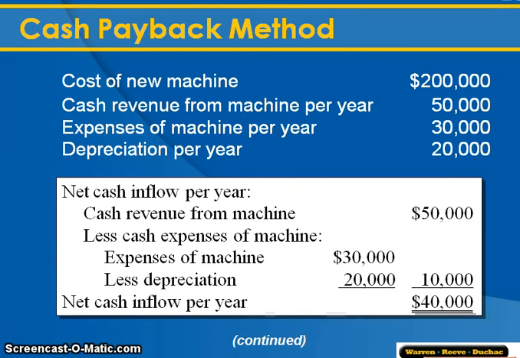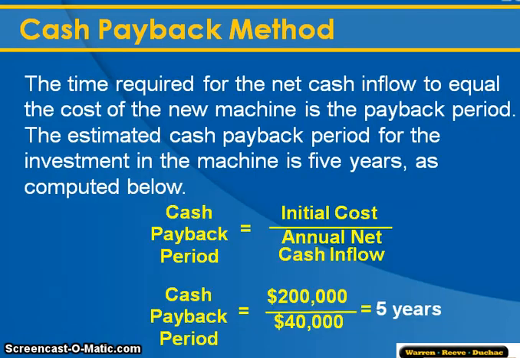So there is our denominator. So it's $200,000 for the machine over $40,000. It will take 5 years of this machine working for us before we pay back our initial cost. Think about that. The machine's going to make $40,000 a year for us. It's going to cost us $200,000, so it's going to take 5 years for it to pay itself back.